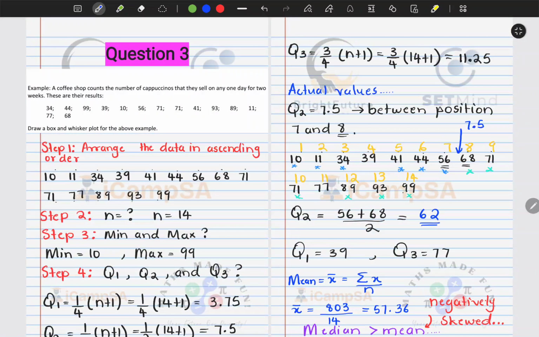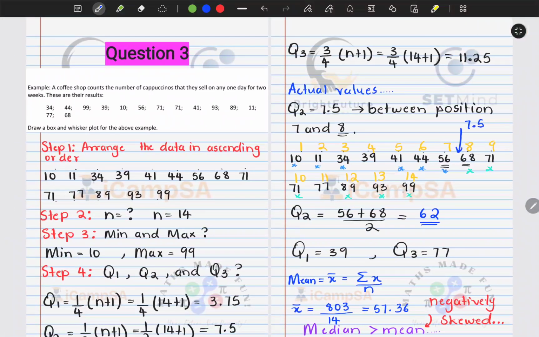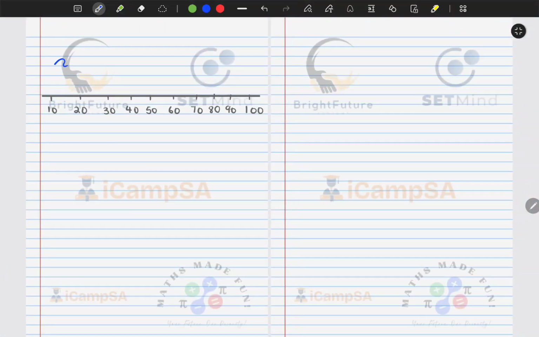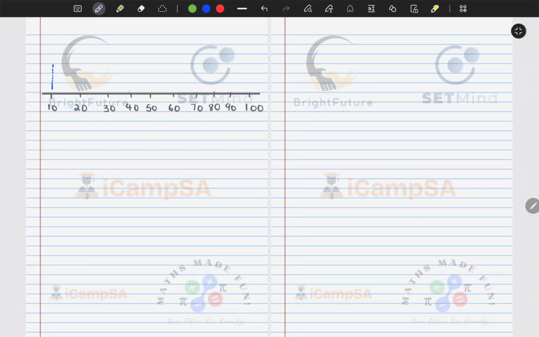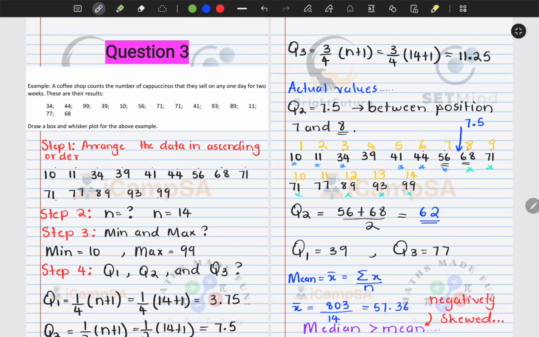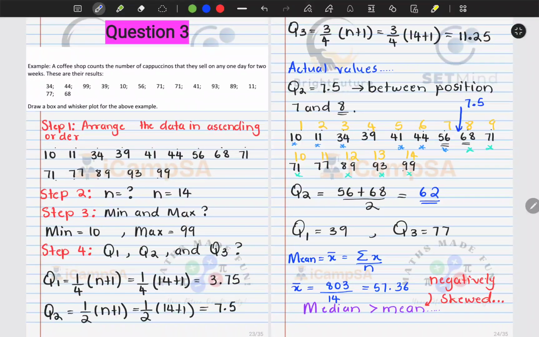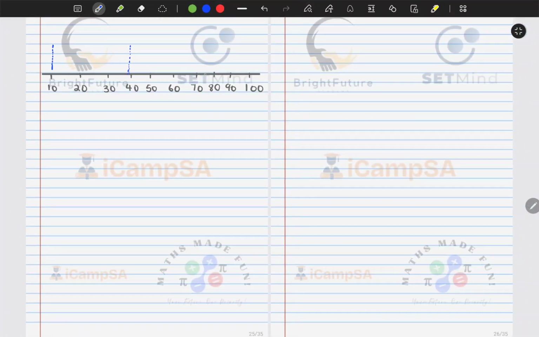Okay, so remember the min is at 10. Okay, so at 10, I'm going to make a dashed line. And then our Q1, it is at 39. Okay, which is very close to 40. So just before 40, that becomes our Q1. Then our Q3 is at 77, so that is just before 80.